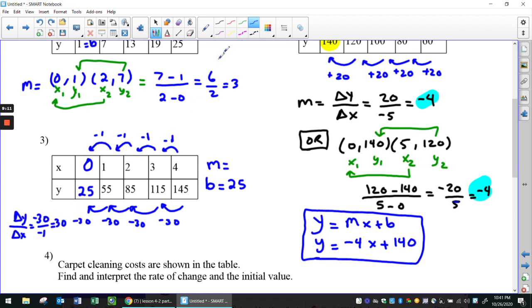Once again, if you wanted to, you could take 2 points from this table and calculate it, and you will get the same answer.